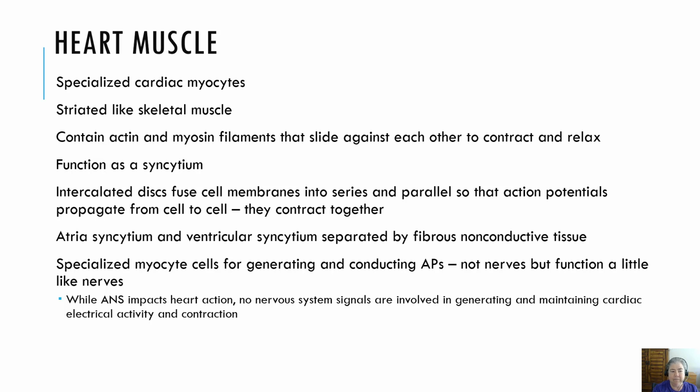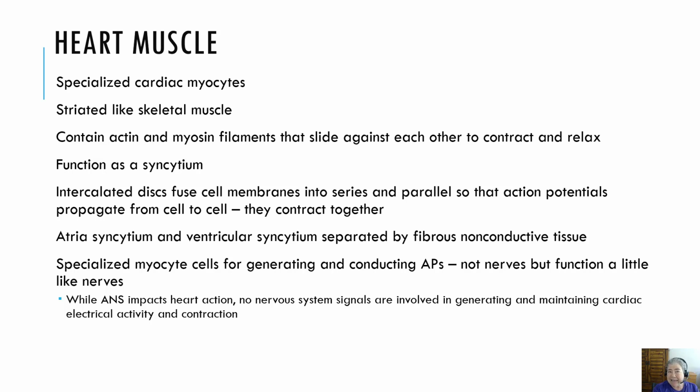Now, while the heart is clearly innervated by fibers from the autonomic nervous system, both sympathetic and parasympathetic, something that's really important to understand is that if you cut the nerves to the heart such that the heart loses its innervation, it just keeps right on working.